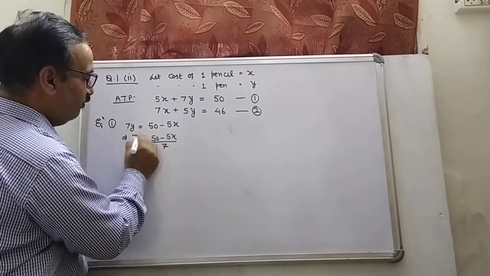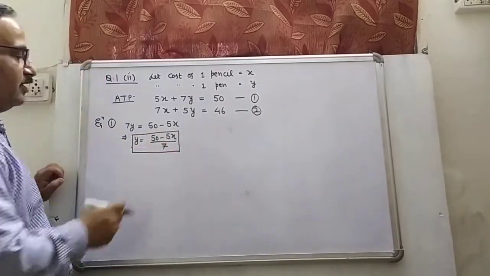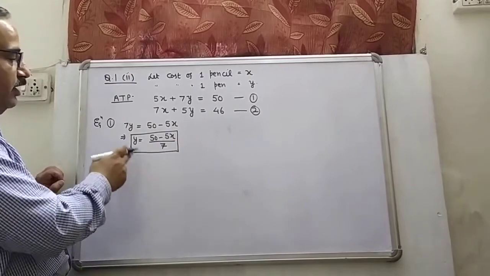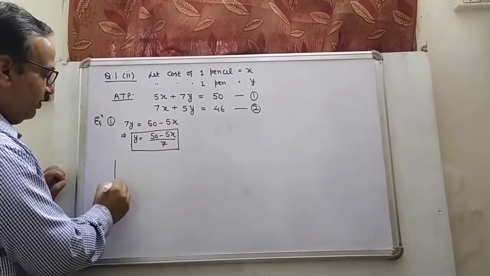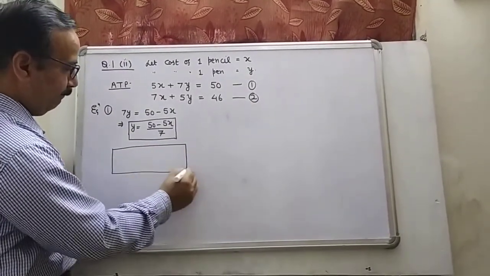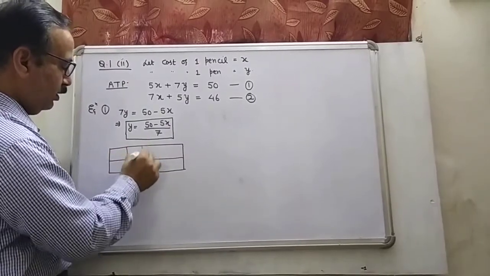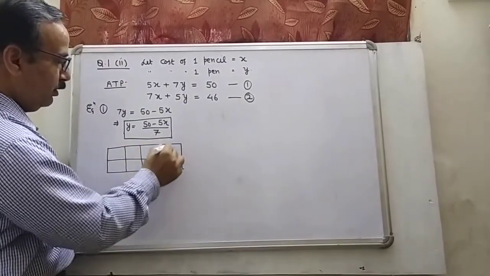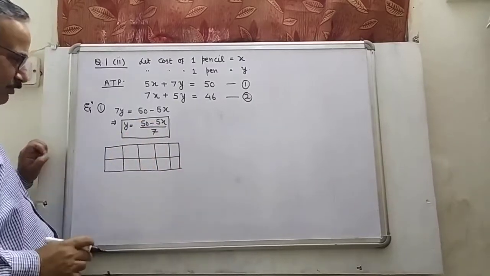That should be the value of y. Now I'll put different values of x and I'll try to find different values of y, corresponding value of y. We have to first make a table like this. Only 2 values are enough.